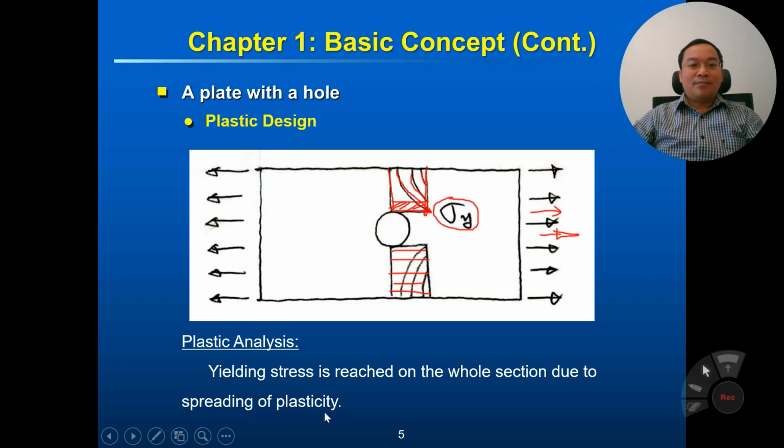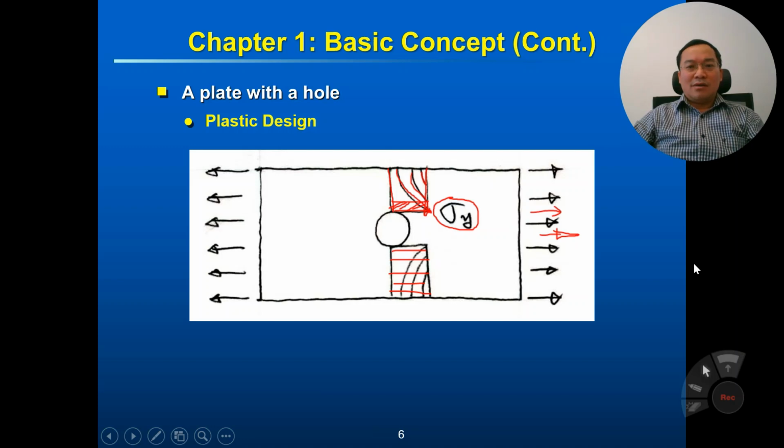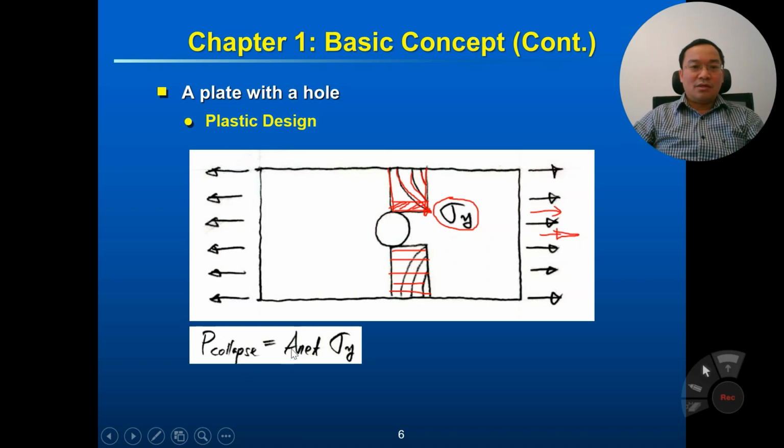So now, very simple. The collapse load P collapse equals A net multiplied by sigma y. Right? It's simple.